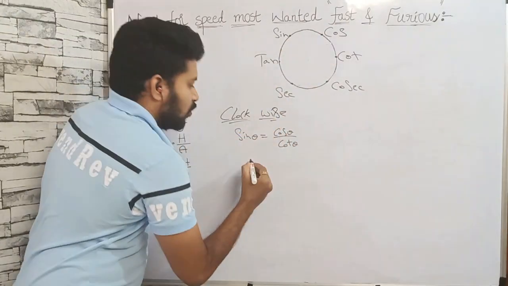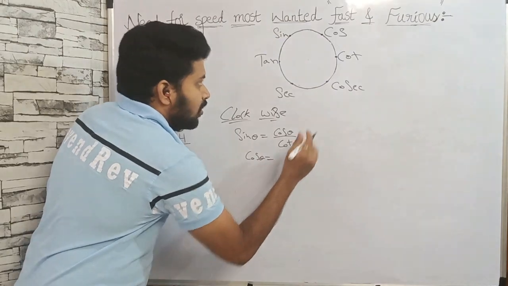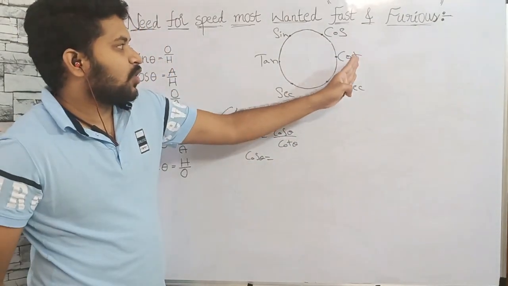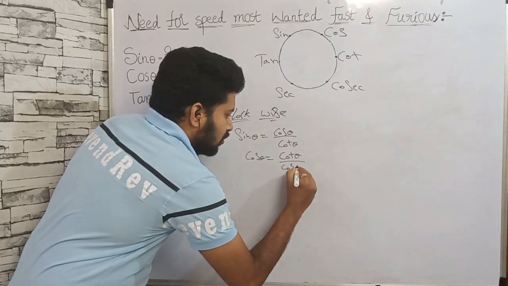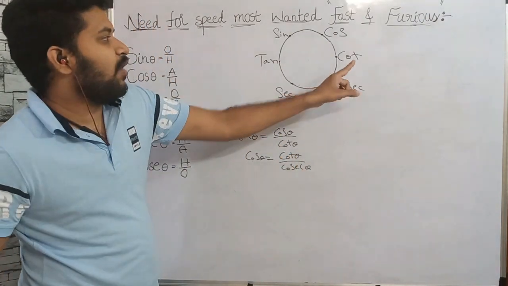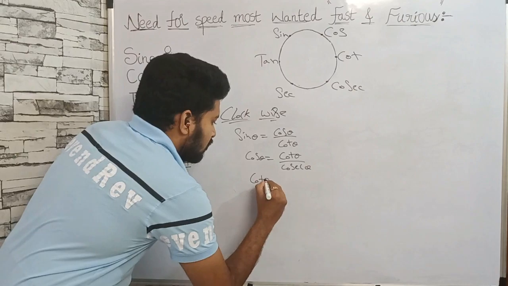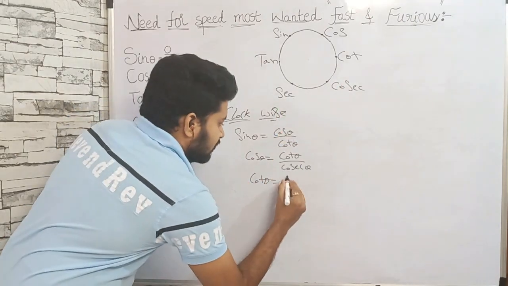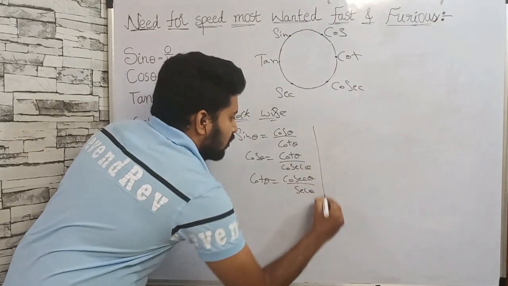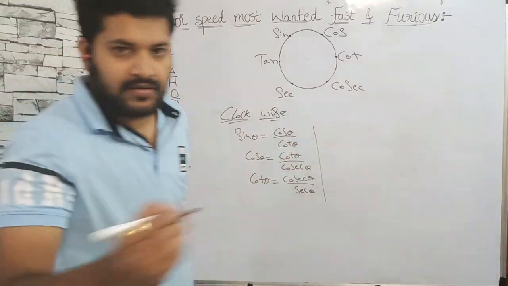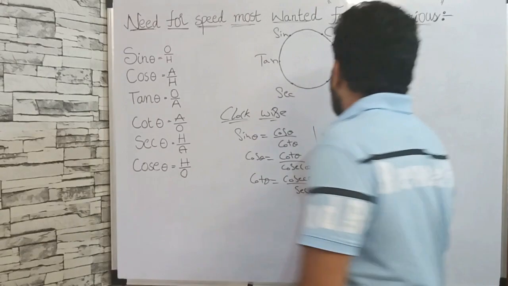After sine I have cos. What are the conjugate terms after cos? Cot and cosecant. After cos theta I have cot theta: cot theta is equal to cosecant by secant. After cot I have cosecant.